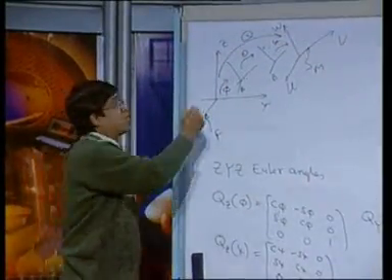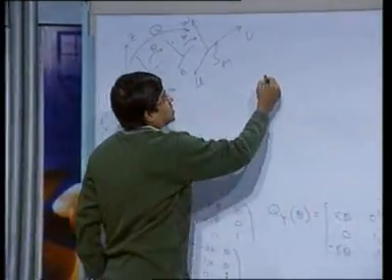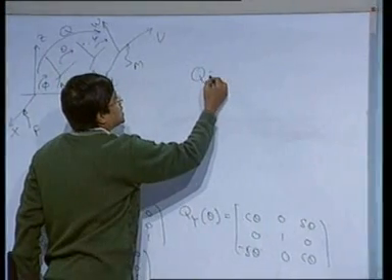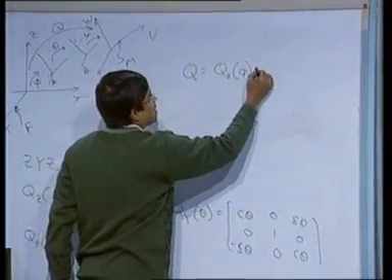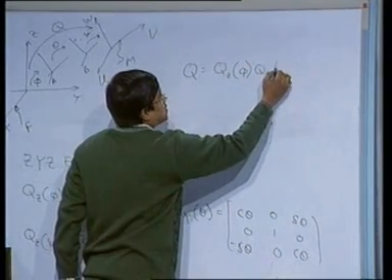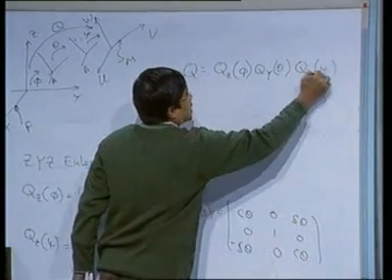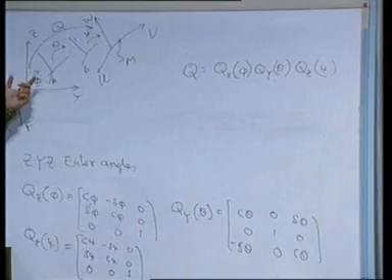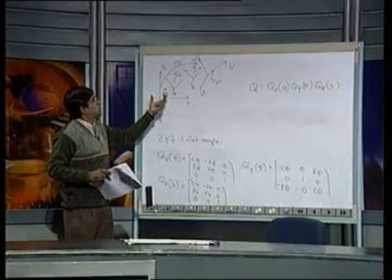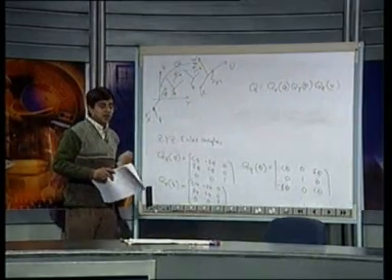Now, if you want to find the total rotation, this is the definition: the total rotation Q is nothing but Q z phi, Q y theta and Q z psi. Any composite rotation can be defined as a multiplication of the elementary rotations.